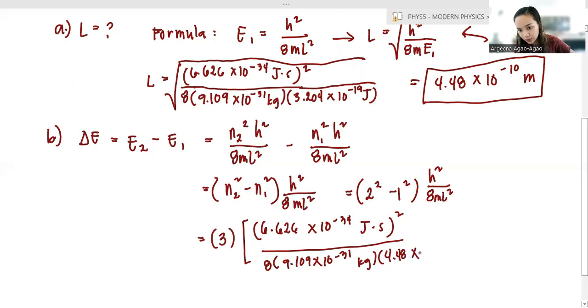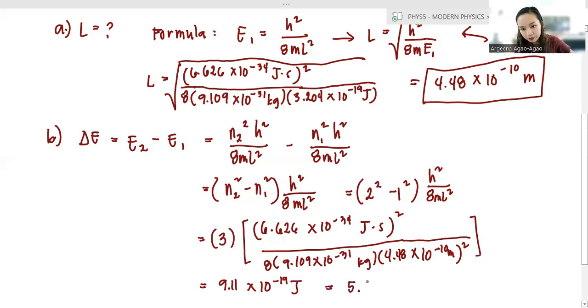This L is what we have obtained for letter A, 4.48 times 10 raised to negative 10 meters squared. If you calculate this, you will obtain 9.11 times 10 raised to negative 19 joules, or in terms of electron volts, this is 5.70 eV. So this is now our delta E, or our answer for letter B.